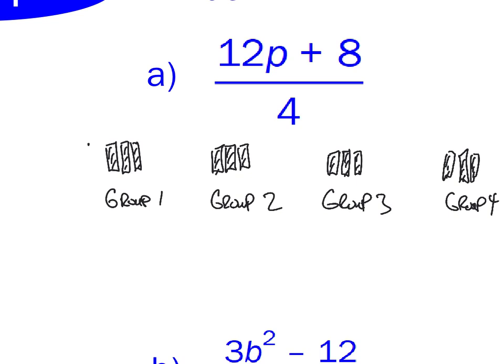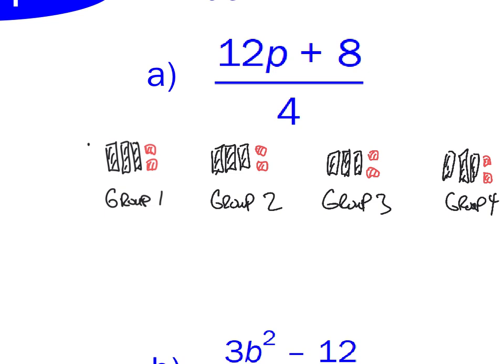The rectangles are equally divided amongst our 4 groups. Now we're going to divide the 8 up amongst the 4 groups. So again, 1, 2, 3, 4, 5, 6, 7, 8.